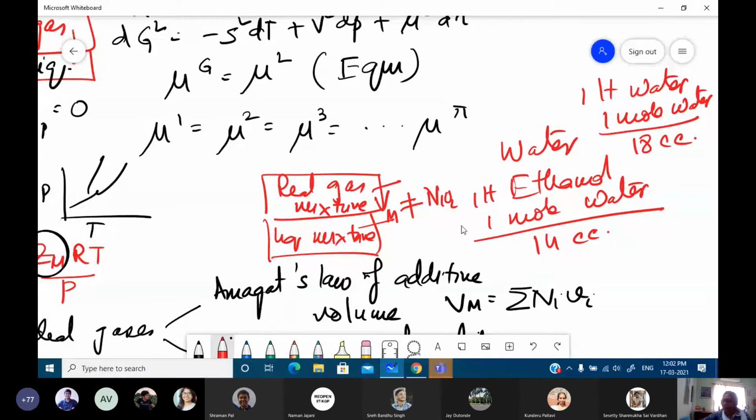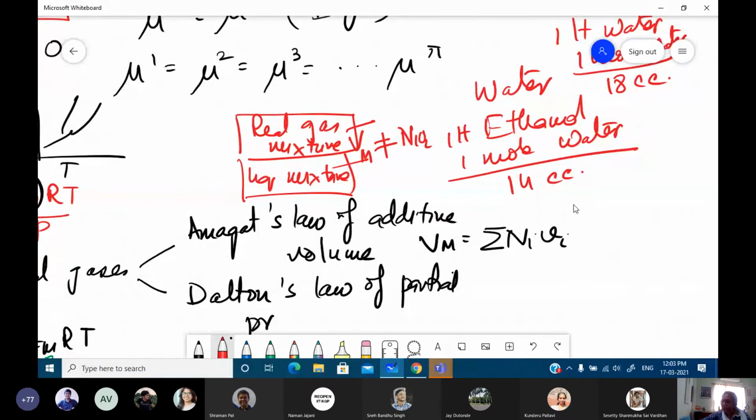And suppose I have got 1 liter of a 50-50 ethanol water mixture. There maybe I'll find that the volume increase is say 15.5 cc or something of that sort when I add 1 mole of water.